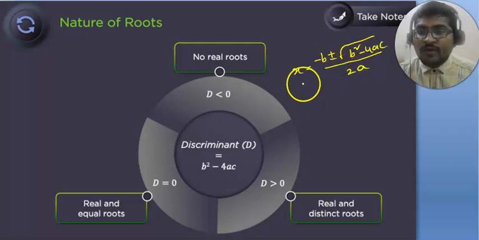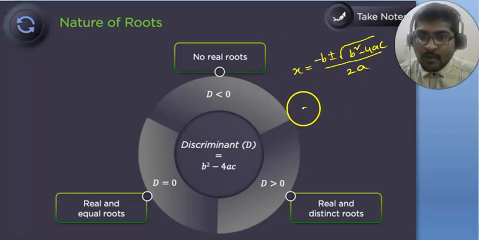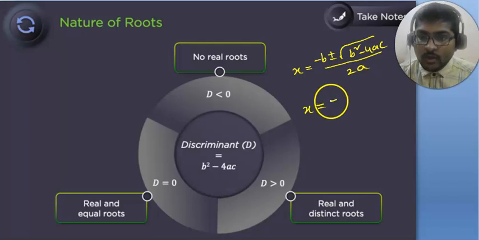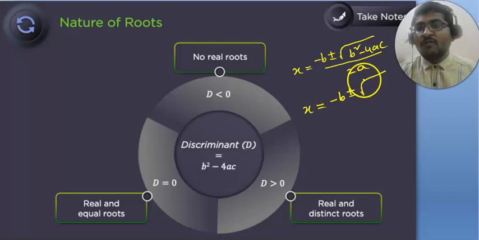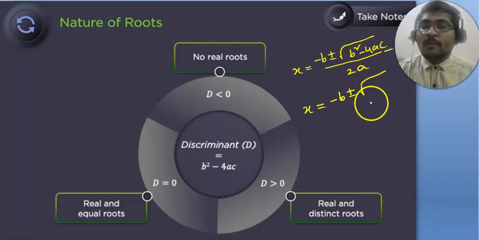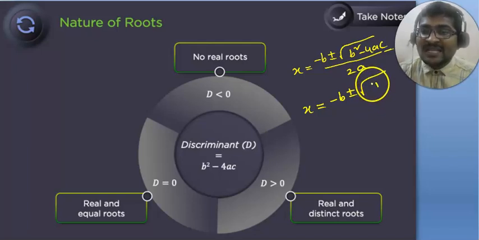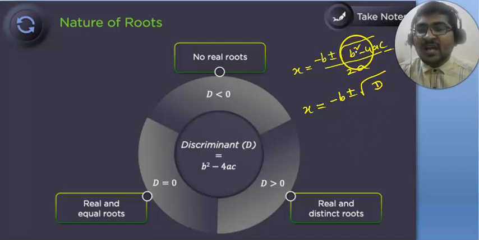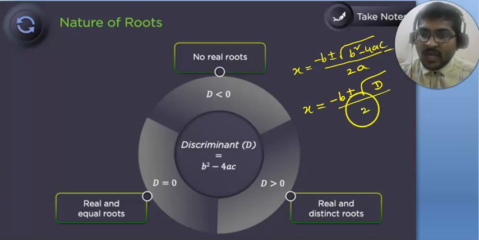So from this formula, the b square minus 4ac can be represented by D.